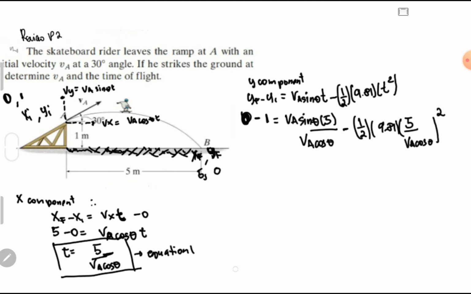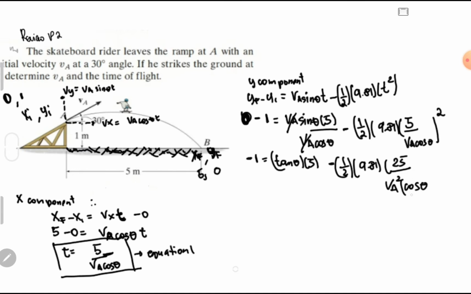Okay, so cancelling out your va, we have negative 1 equals sine theta divided by cosine theta, which is tan theta, multiplied by 5, less 1/2 multiplied by 9.81 multiplied by 25 divided by va squared multiplied by cosine theta squared.